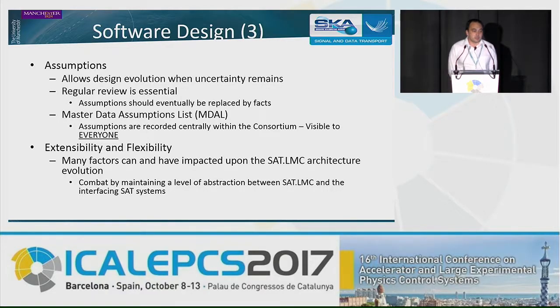When a piece of information just wasn't known, we made an educated guess or an educated assumption as to what we think will most likely be the case, and we recorded it formally. Once this formal point was made, we then progressed our designs on that assumption up until the point where it was either formally stated as being a fact or the assumption had changed. A point to note is that this wasn't just local to our work group, this was consortium-wide, so all of the work groups within our consortium were aware of our way of thinking.